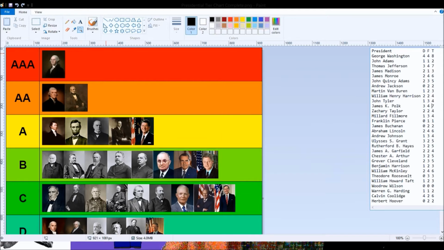James K. Polk chose not to run for a second term, so he was instead replaced by Zachary Taylor, who had been a general in the Mexican-American War, which was the war that James K. Polk had fought against Mexico, and therefore had acquired the regions of California and New Mexico, as well as achieving the full annexation of Texas, and settling the final issue when it concerns Oregon country.